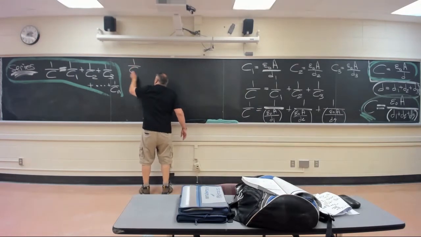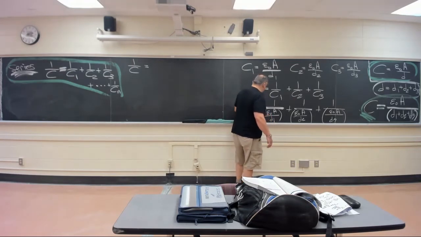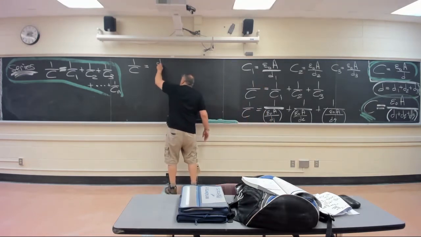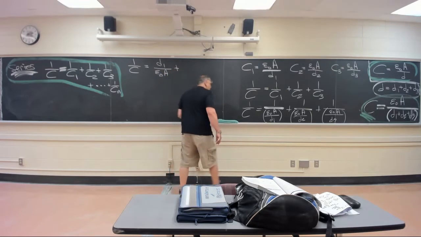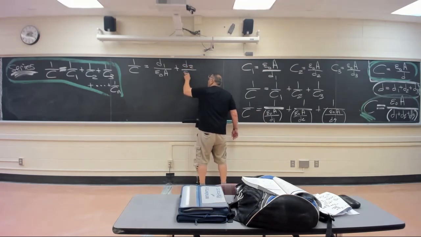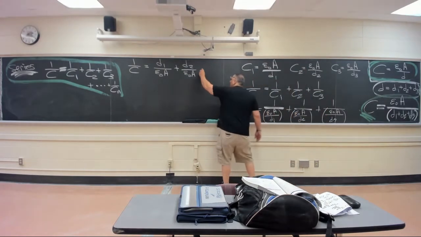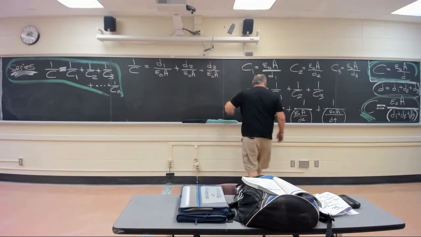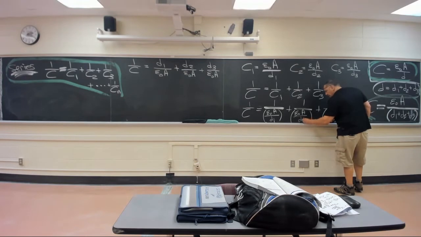So we got 1 over C. 1 over C equals the reciprocal of this. 1 over C equals 1 over that right there, which is D1 plus 1 over this plus 1 over this. So we got this.